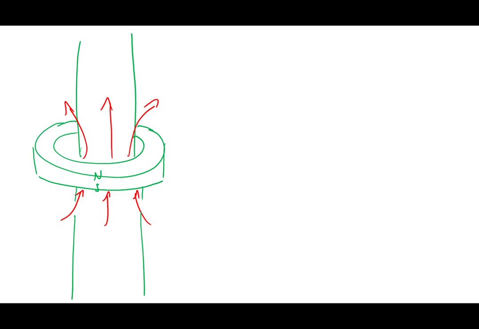So the rod itself, it's a hollow tube. It's not a magnet in itself, but if you look at the cross section of this tube here, it's like a ring. So it's a loop that can have current going through it.